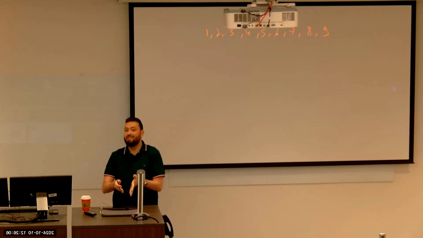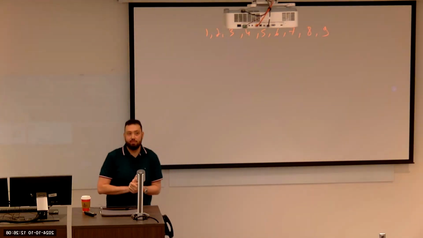So I have 1, 2, 3, 4, 5, 6, 7, 8, 9. Who wants to do this based on a complete binary tree? We start with 1, so that's 1.